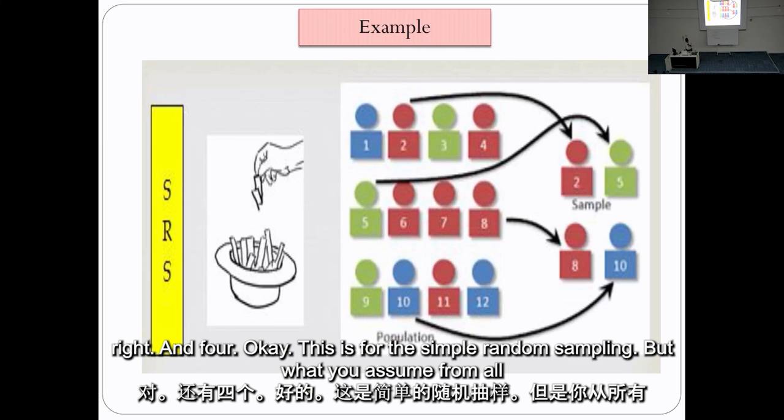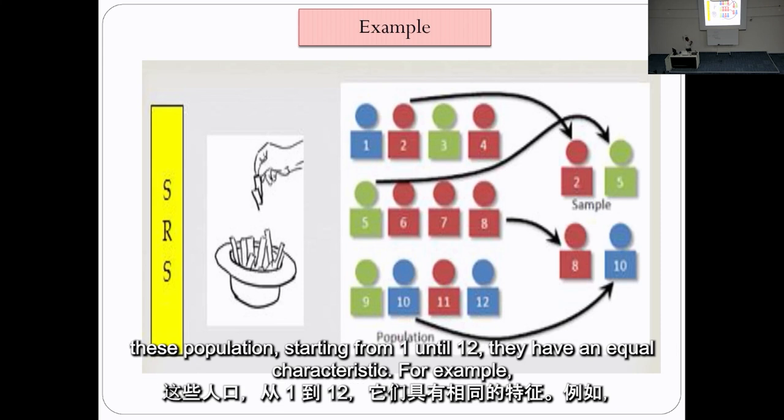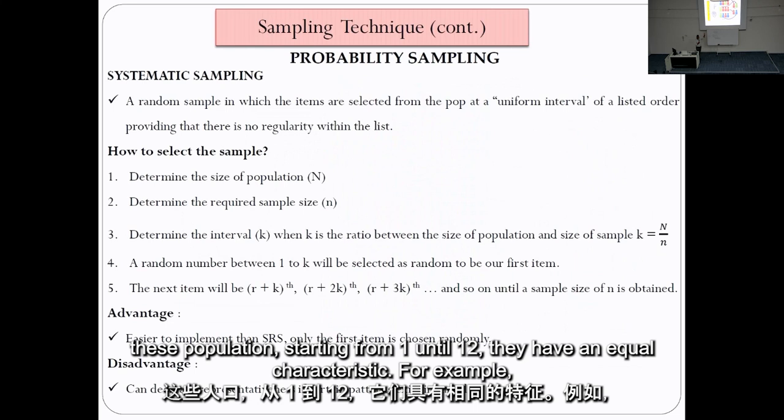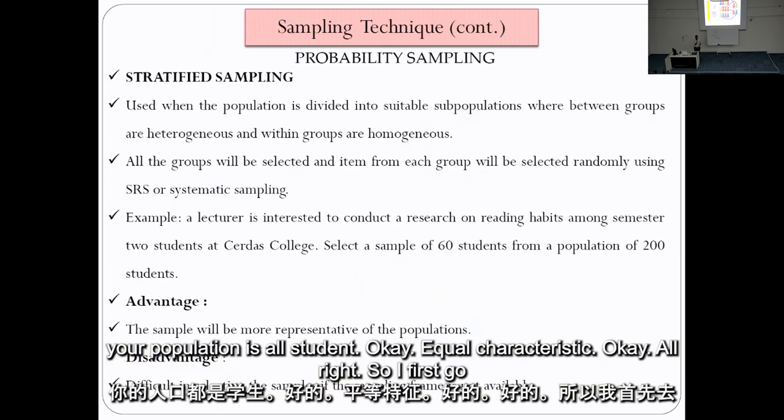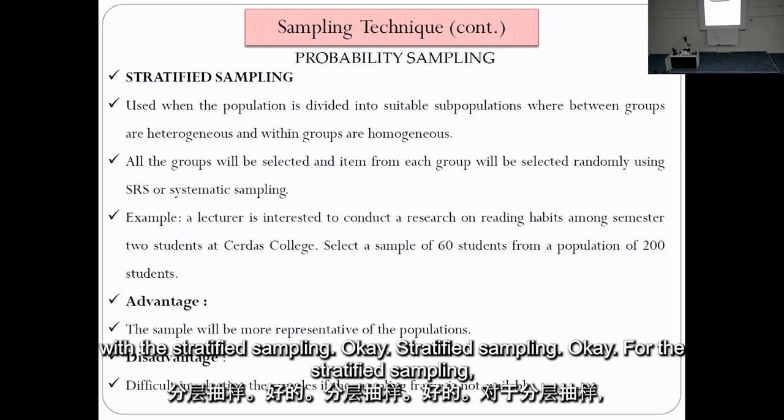This is simple random sampling, but here you assume that all this population, from 1 until 12, has an equal characteristic. For example, your population is all students.